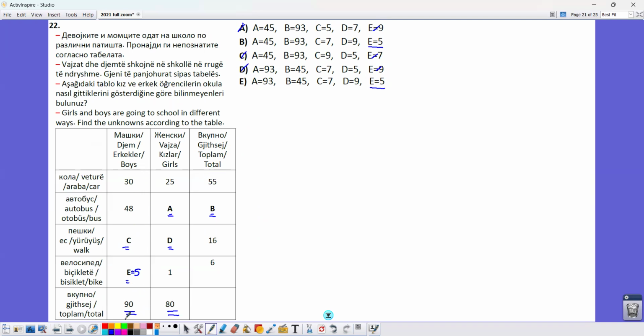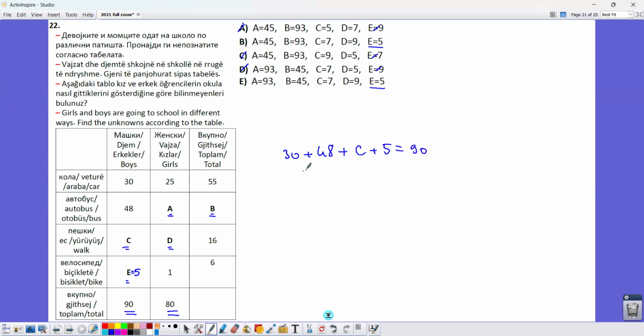Now I know that I have 90 boys in total. Let's see what I have here. 30 are going by car, 48 by bus. We don't know how many of them by walking, and we know that 5 of them by bike, and the total number is 90.